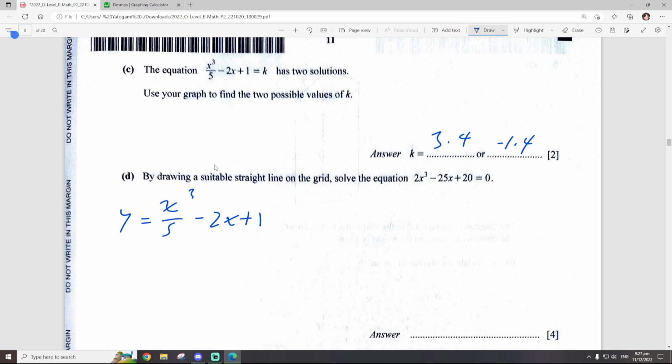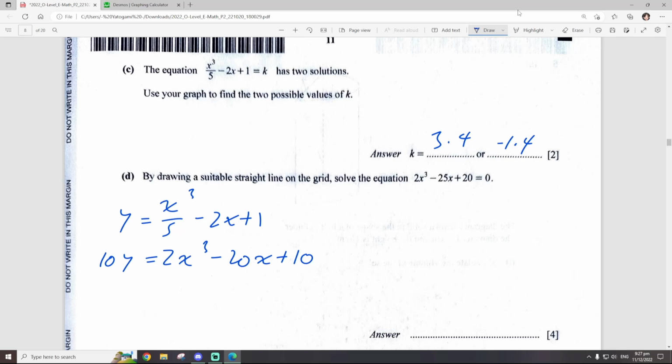So let's say I multiply by 10, because I want a 2x cubed, right? 10y is 2x cubed minus 20x plus 10.